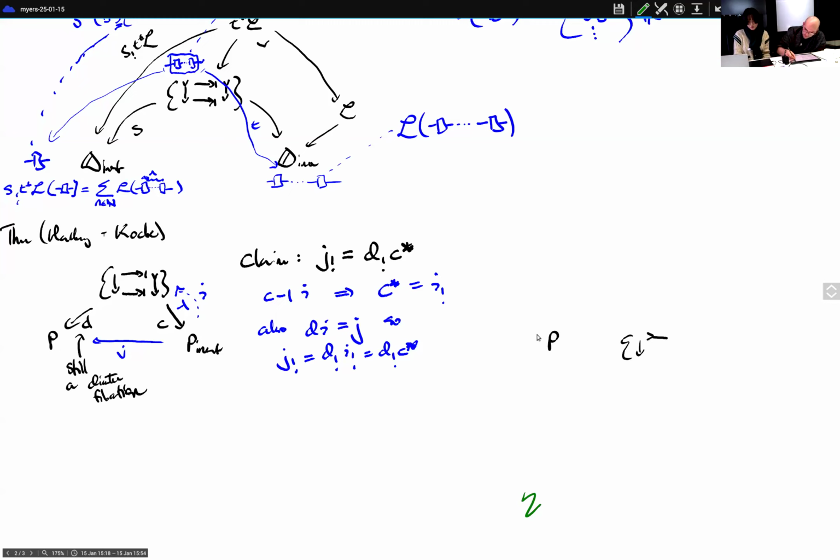I keep doing it wrong. Active, inert, P inert, P inert, P inert. This is going to be J. This is equals. They're both inert this time.